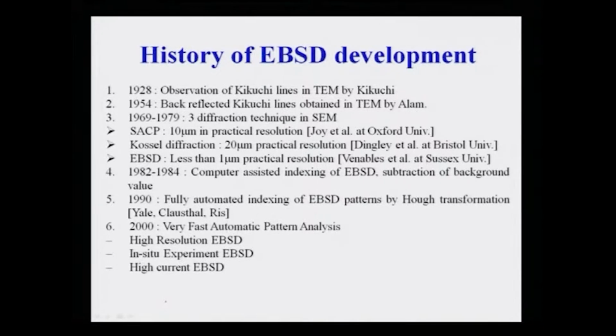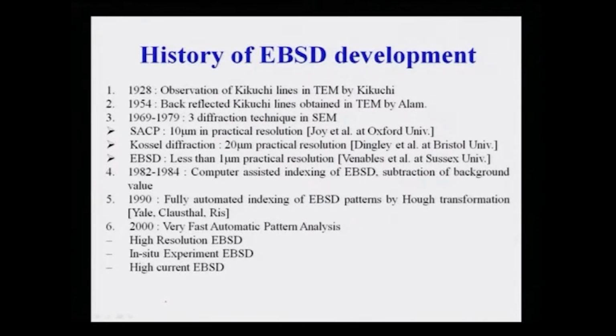Later, when TEM was discovered, it was observed that these lines do exist, and they are due to the inelastic scattering of electrons. Then, about 26 years later, in 1954, black reflected Kikuchi lines were observed in TEM by Alam.